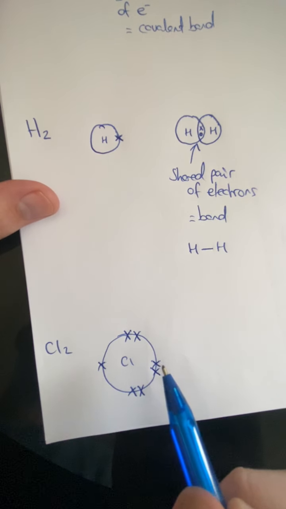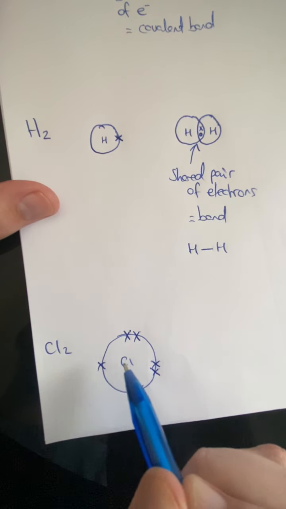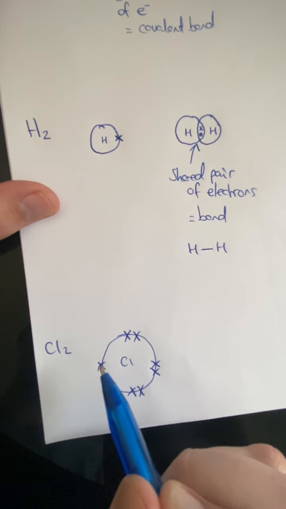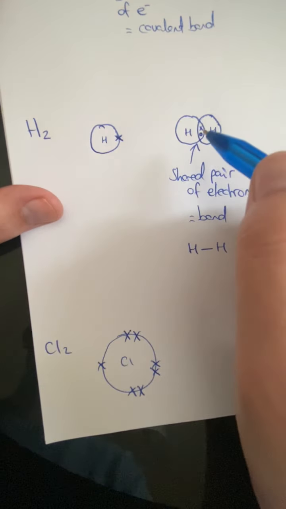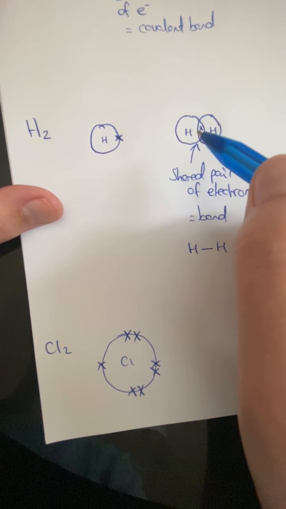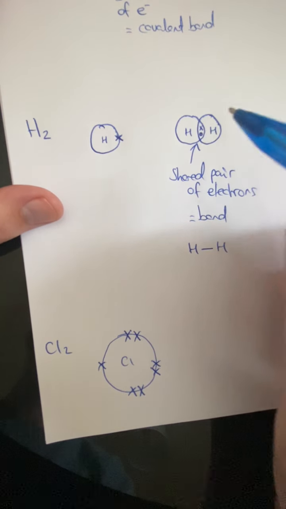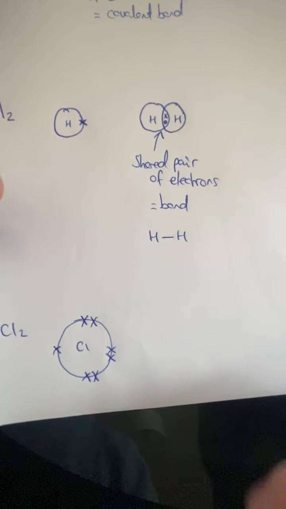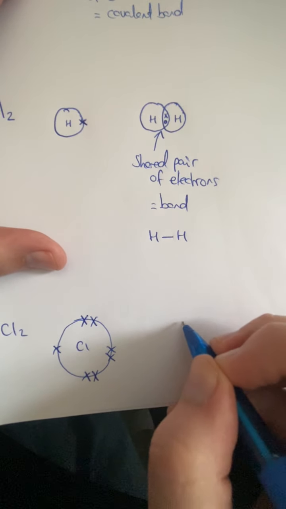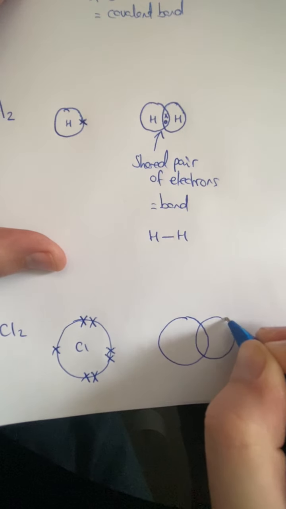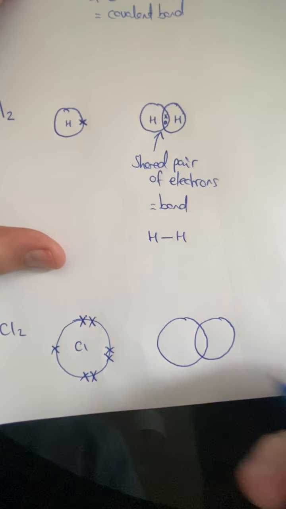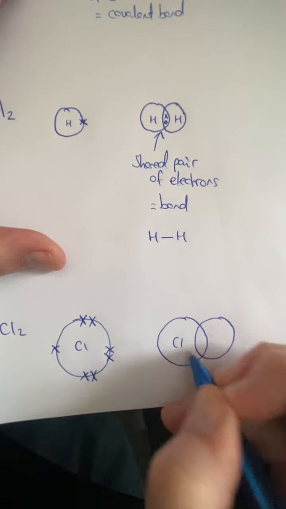The way we do that is we write this down again and overlap them, and at this point they're sharing electrons, and that gives each of them 8. You can see up here there's 2 electrons, which means it's got the same electron arrangement as helium. Then when you draw it, we have your 2 circles.